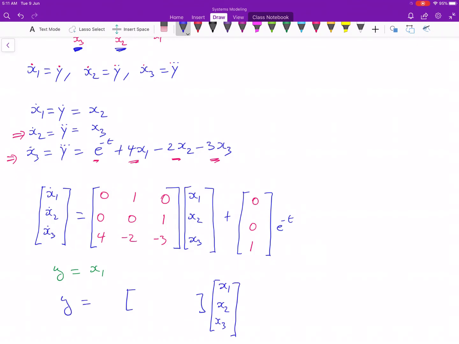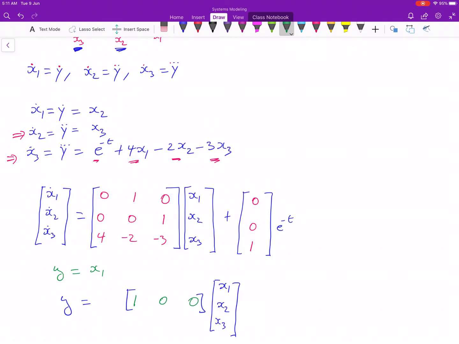Since it's x1, it will be 1, 0, 0. And this is our standard form.